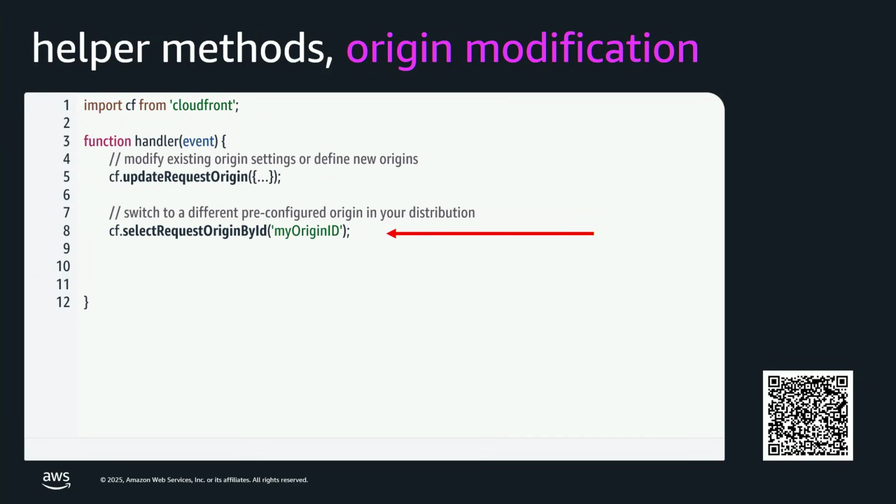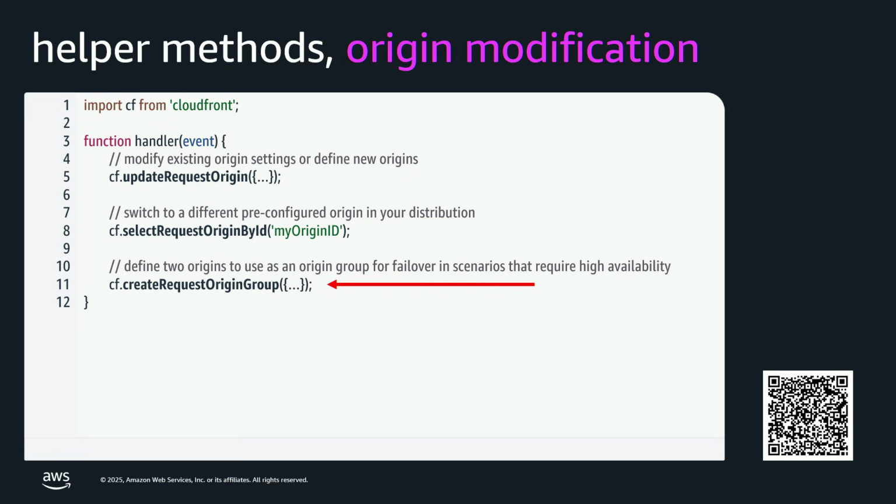You can also use selectRequestOriginById, so you can deploy a pre-made, entire origin configuration. You just state the ID that you want to use, and it will auto-import the configuration from there. And you can also use createRequestOriginGroup, which gives you a native failover mechanism.